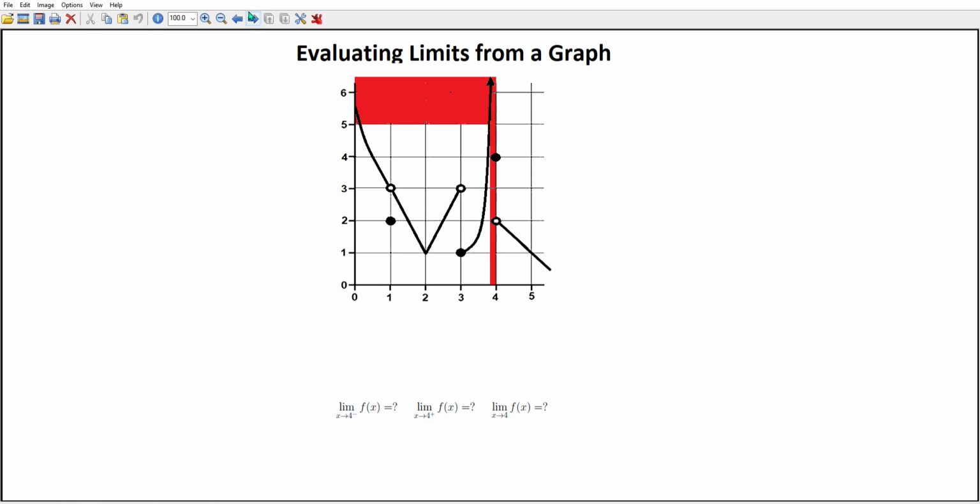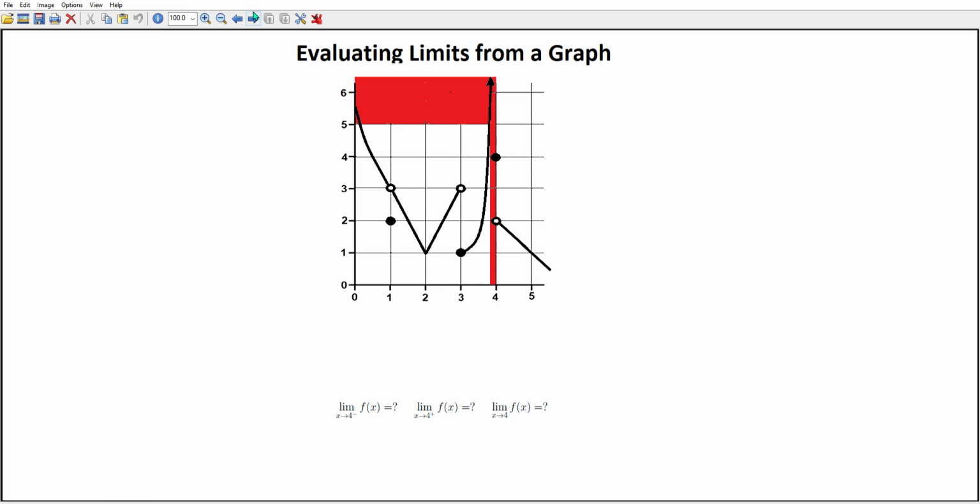And now last, we're going to look at the limit as x goes to 4 minus. We take x values that are a little less than 4, and what we discover is that the function values that are produced are big. Okay, in this particular case, it looks like they start at 5 and get as large as you would like.